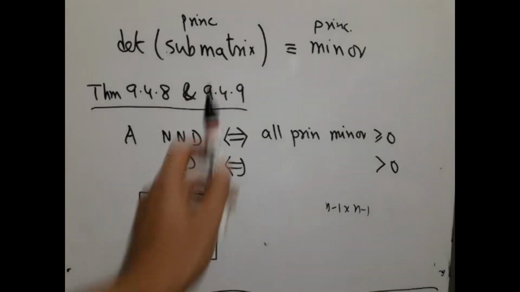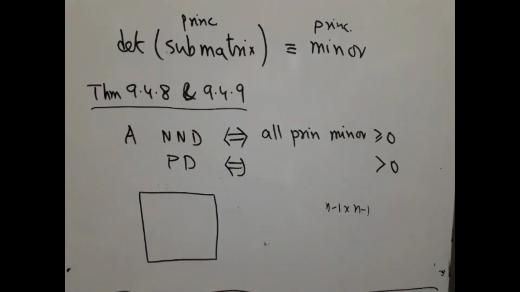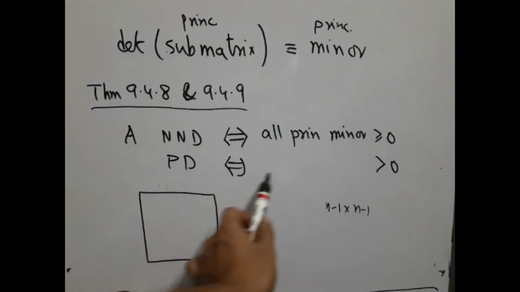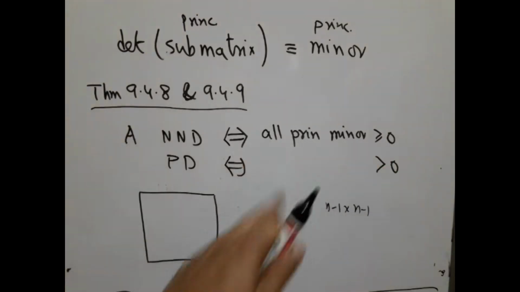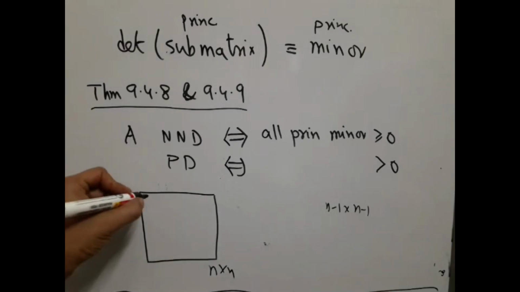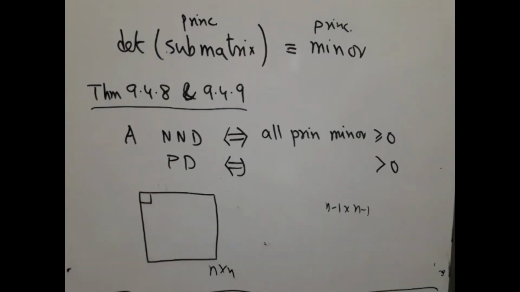For any n minus 1 by n minus 1 matrix, I have proved that this result is true. Principal minor strictly positive means it has to be PD. Now someone gives me an n by n matrix which has all principal minors strictly positive. So in particular, this number must be strictly positive because the number itself is the 1 by 1 leading principal minor.